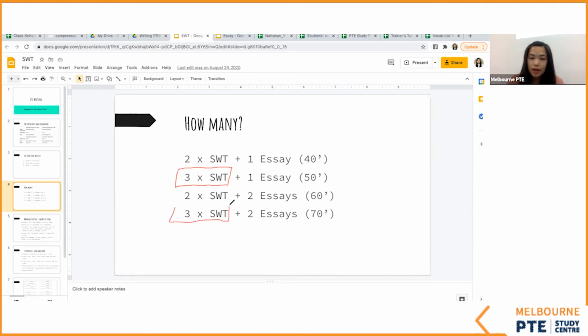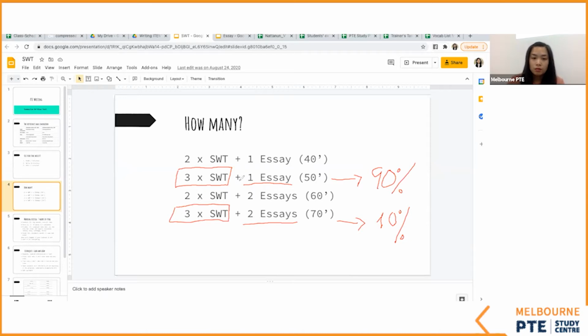So the next scenario is the computer will allocate you 3 summarize written text, okay? And it may give you 1 essay or 2 essays, but 90% if you have 3 summarize written text, you will have 1 essay, okay? And if you are unlucky, you have 2 essays, which is the 10% unlucky, okay?